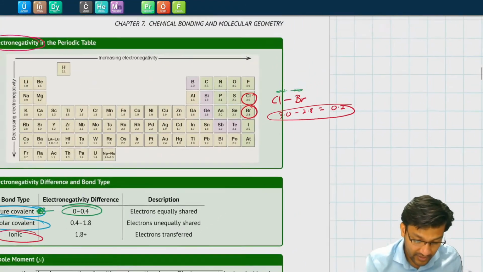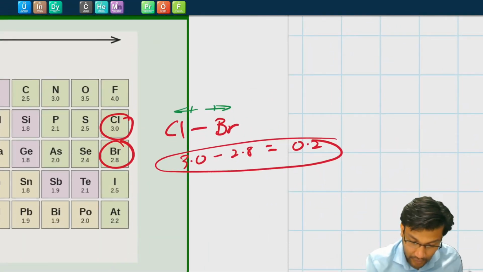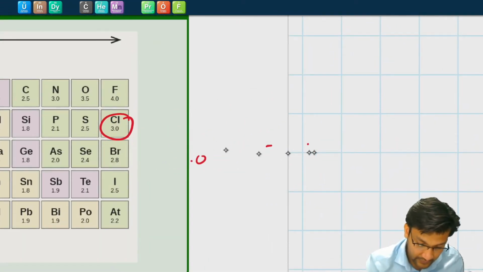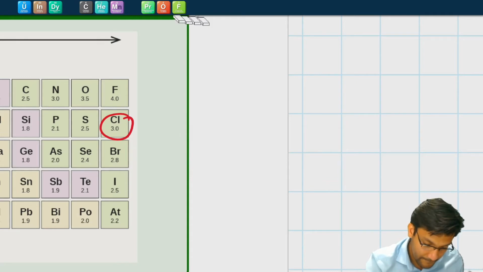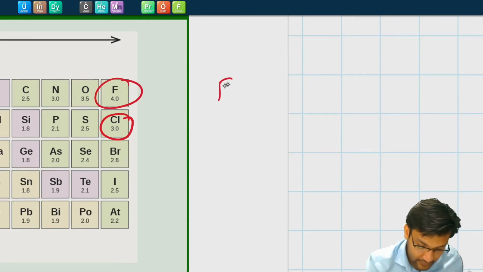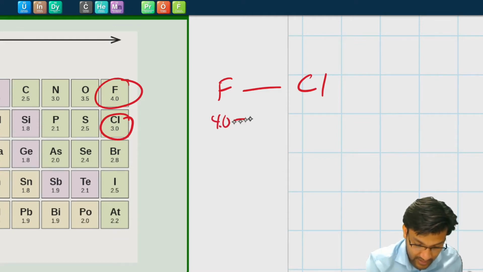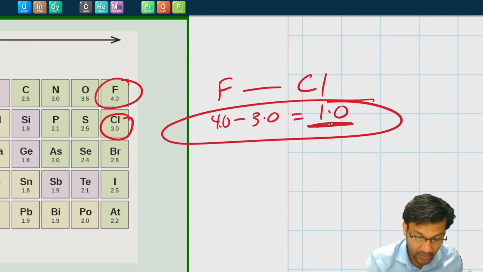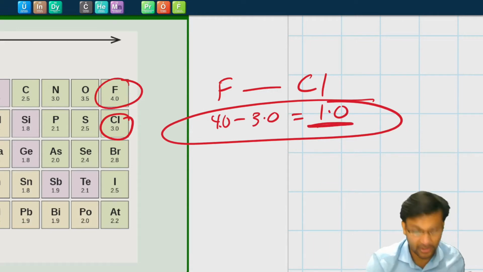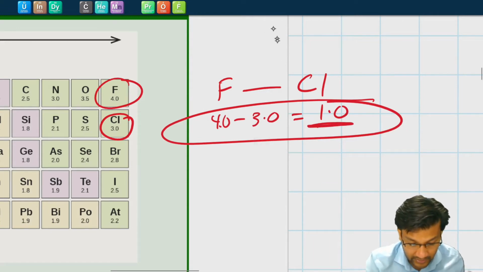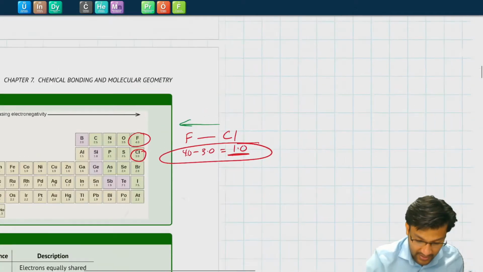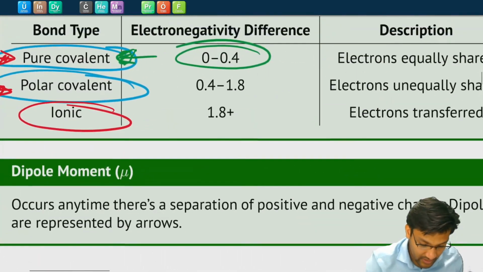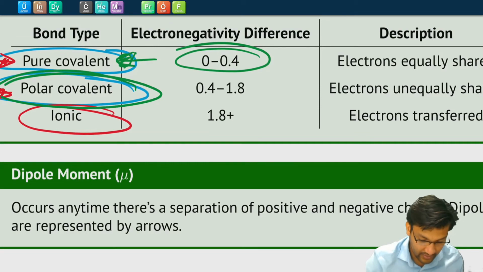However, if we were talking about, let's say, fluorine and chlorine, their difference here is much bigger. There's a difference in electronegativity value of about 1.0. Fluorine is much stronger than chlorine, so fluorine will end up pulling on electrons a lot stronger, and so what we'll end up having is what we call a polar covalent bond.